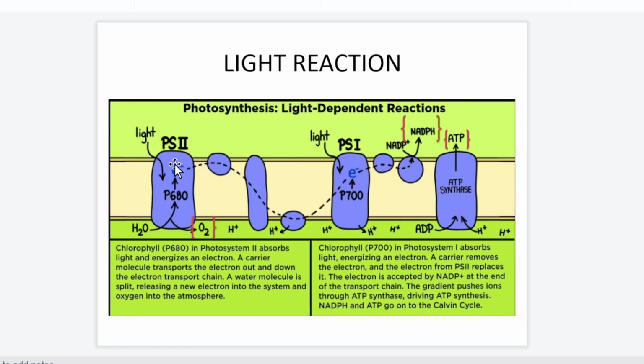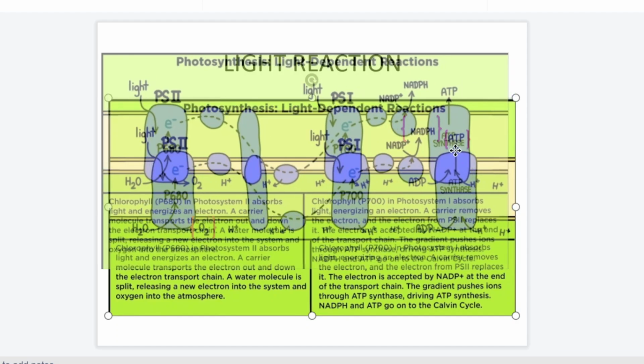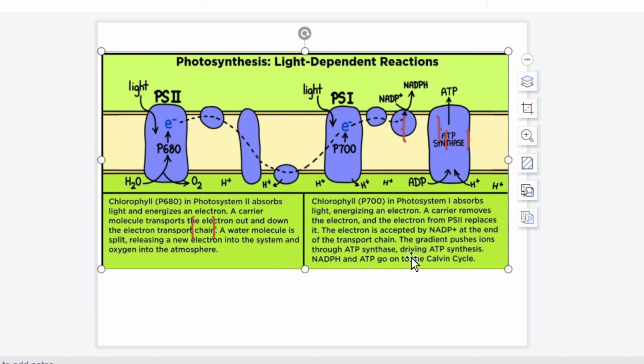In photosystem 2, water molecules break up in the presence of light and release oxygen, and it produces protons. These are then transferred to photosystem 1, which again in the presence of light goes through NADP plus and is converted into NADPH, and it also goes through the ATP synthase enzyme which produces ATP.